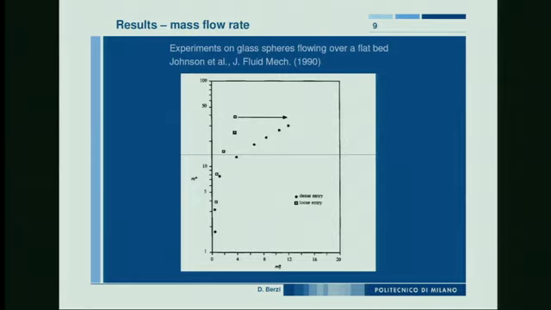But still, they were able to see these two branches starting with different initial conditions. So more energetic, this branch, more dense, this branch. And they were observing this jump from one to the other. So qualitatively, we seem to be all right.